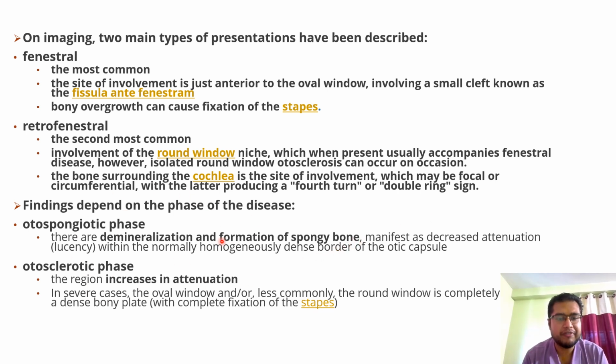While otosclerotic phase, which is less common, leads to increase in attenuation, and in severe cases, the oval window or less commonly the round window is a completely dense bony plate, and there is complete fixation of the stapes. But this is the more common phase and presentation that we come across.